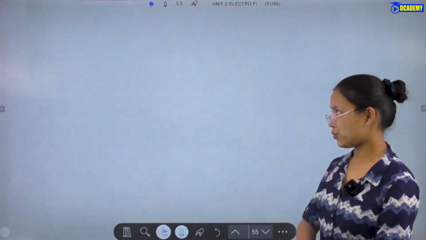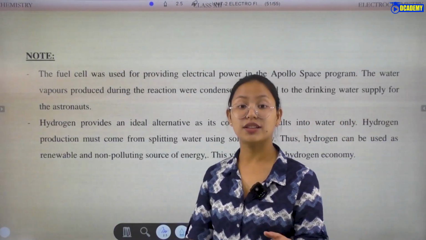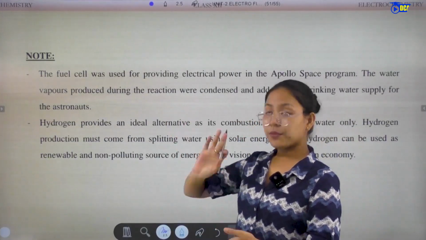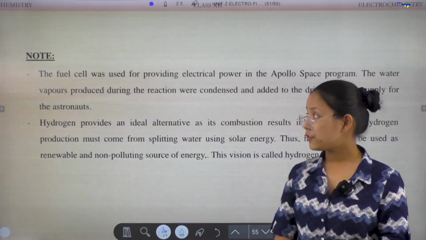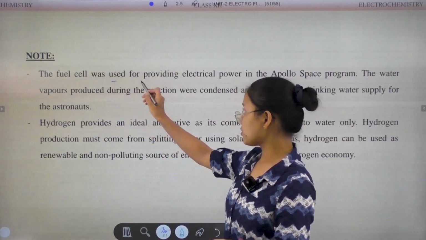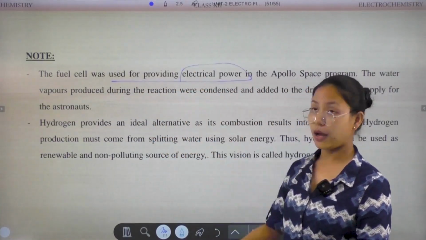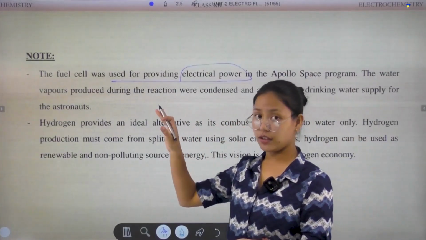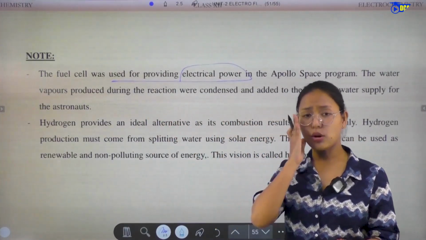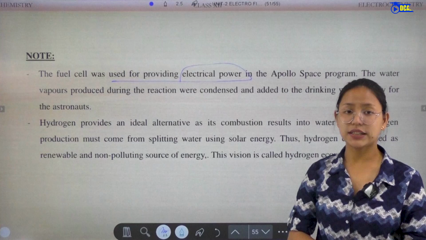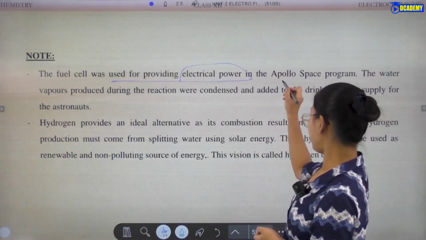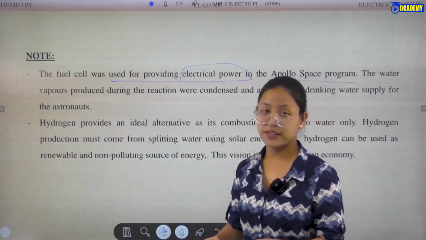Now let's come to another note. The fuel cell was used for providing electrical power. First point is the fuel cell was used for providing only electrical power in the Apollo space program.